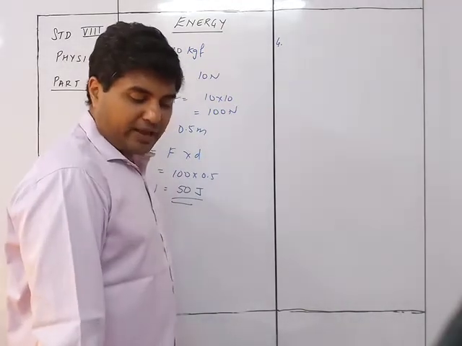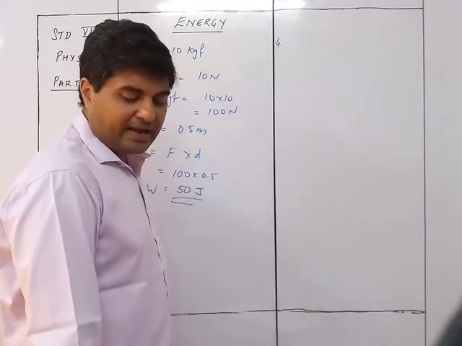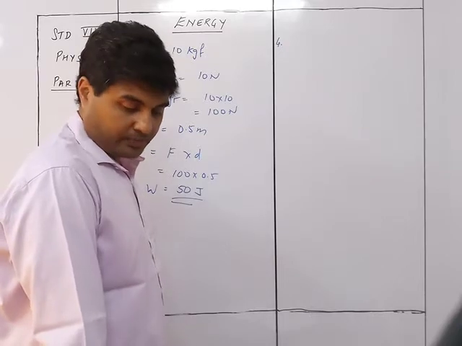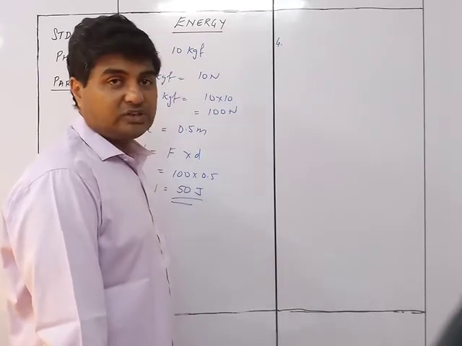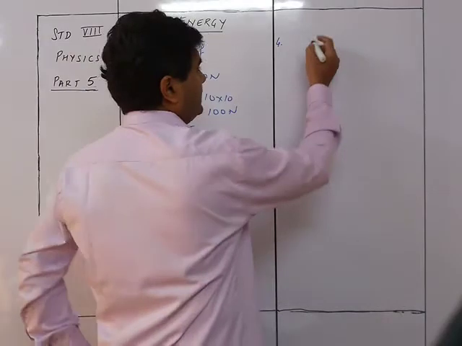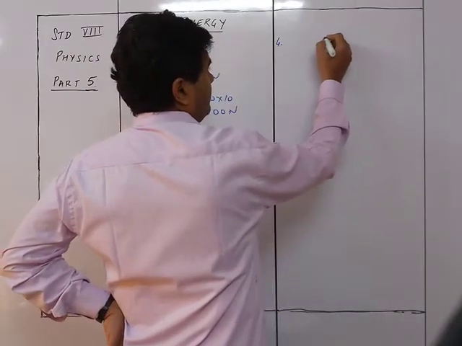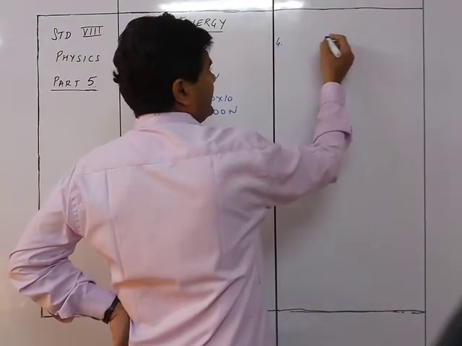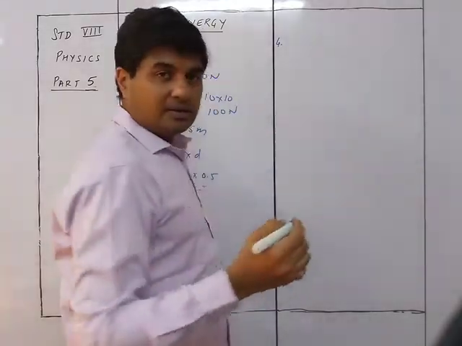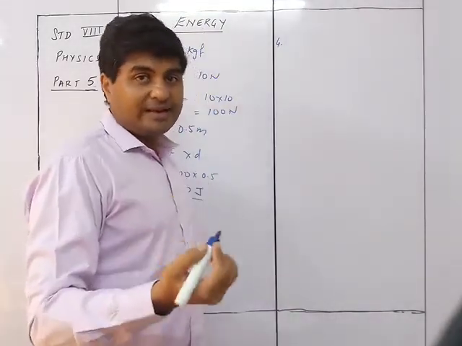Two bodies of same mass are placed at height h and 2h. Compare the gravitational potential energy. So we can now do one thing. Let's write the data in proper manner.